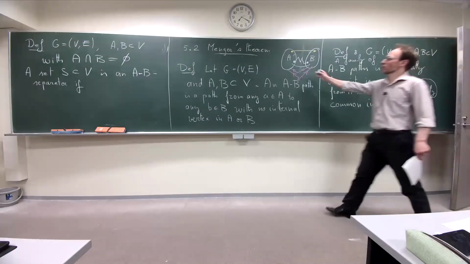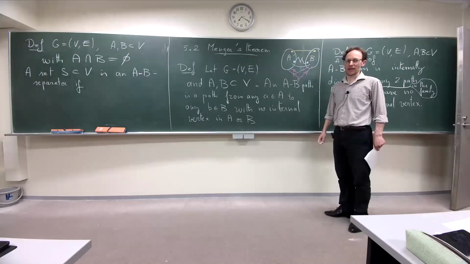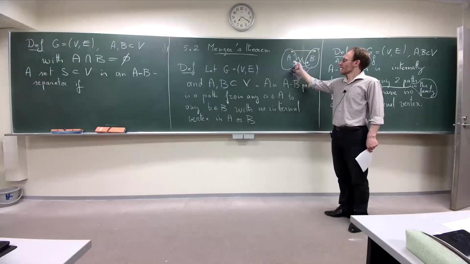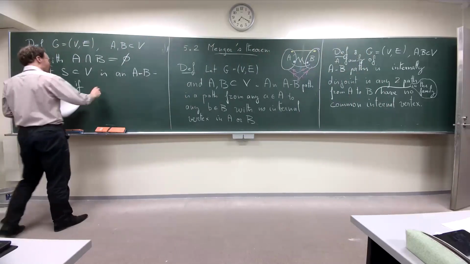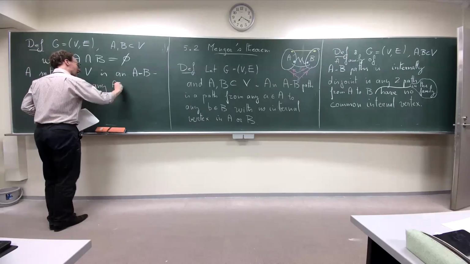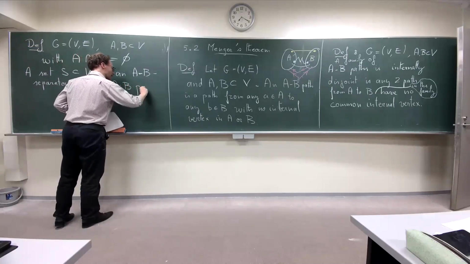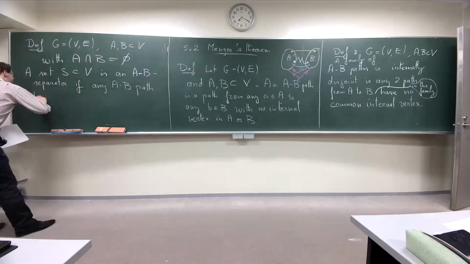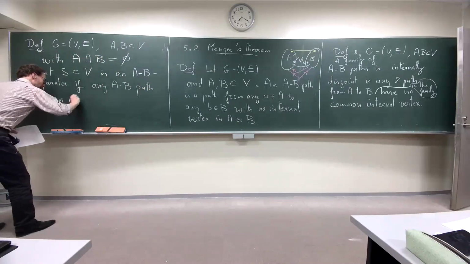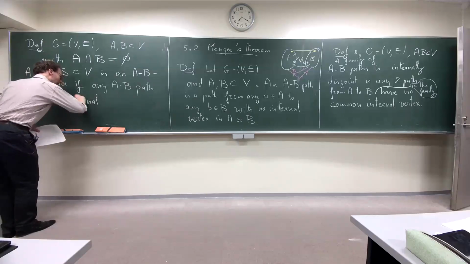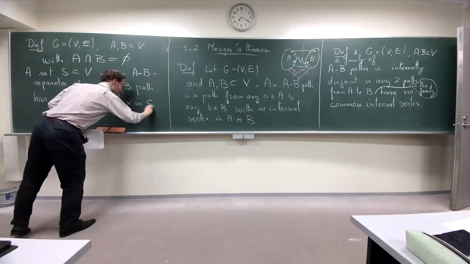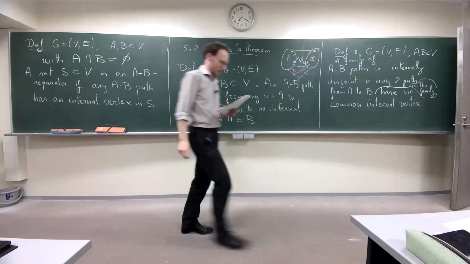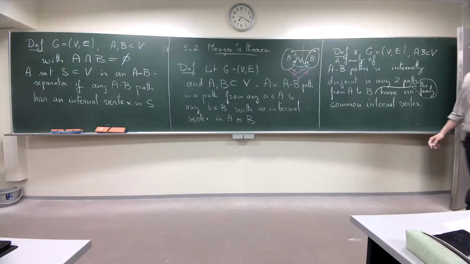I want to separate A from B. S is not in A and not in B. Maybe too difficult to guess. If any AB path has an internal vertex. So please think about this definition.